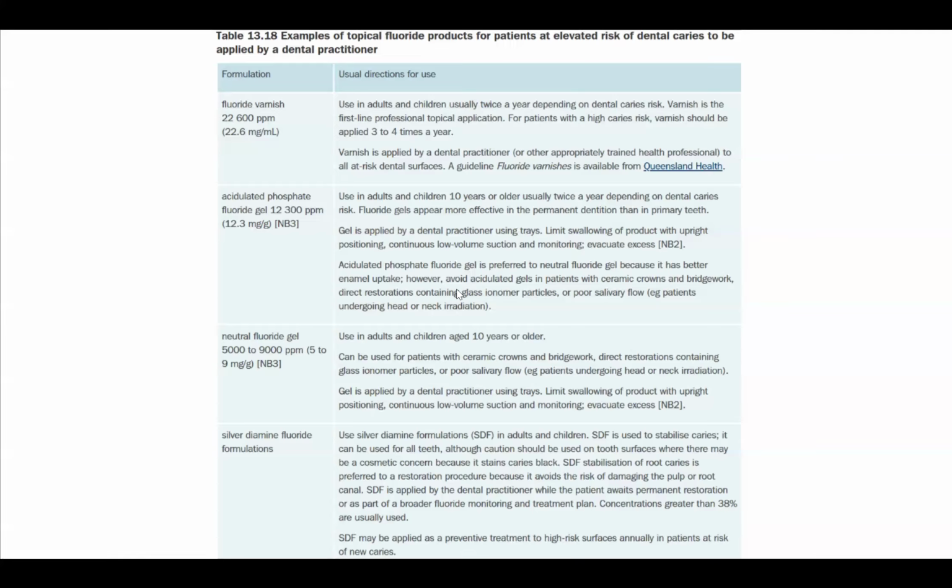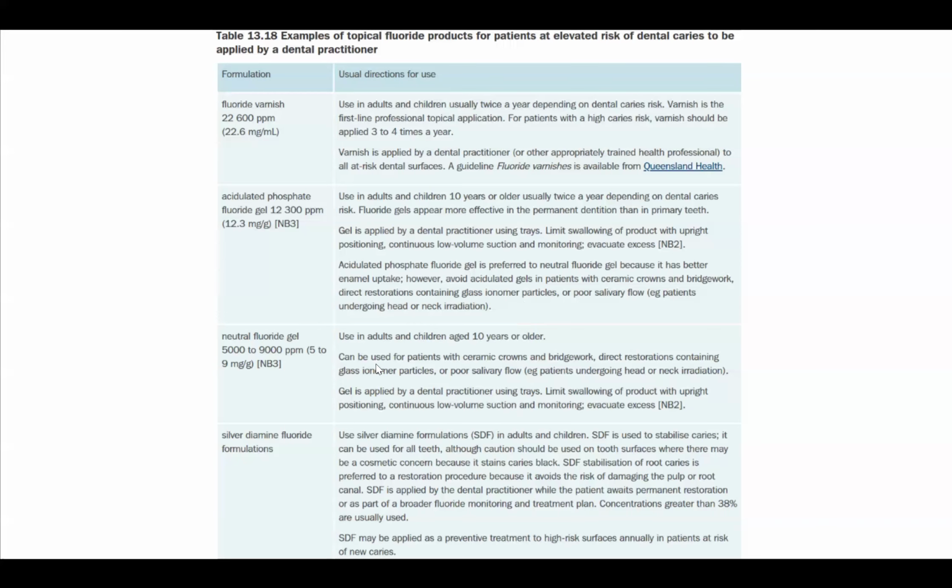The only thing is avoid these gels in patients who have ceramic work, bridge work, crowns, restorations, which is why we don't use a lot of this, because almost everyone these days will have fillings, at least composite fillings or old fillings, and conditions like these. So varnishes are used more.